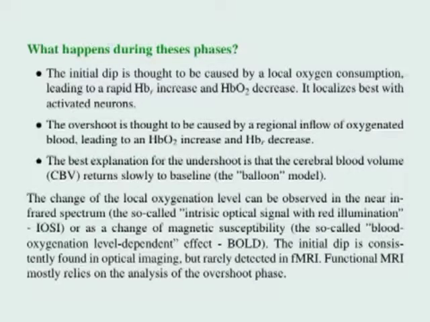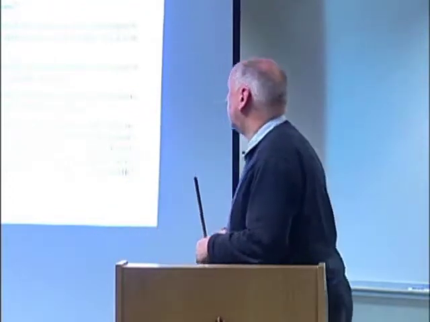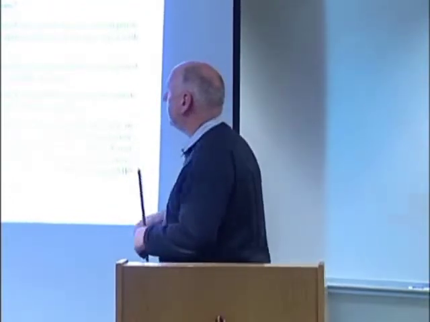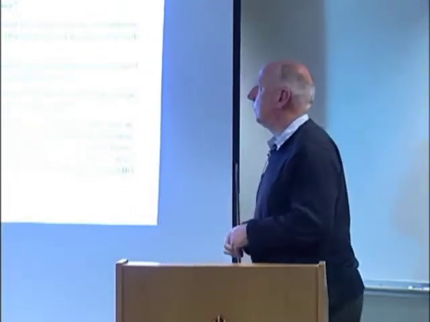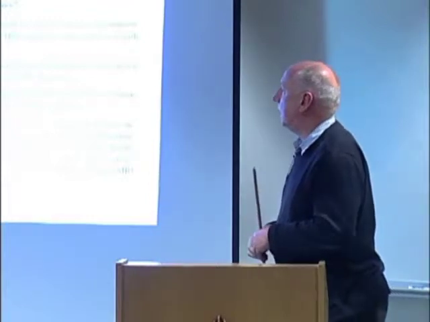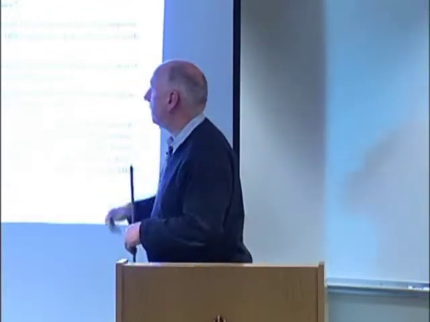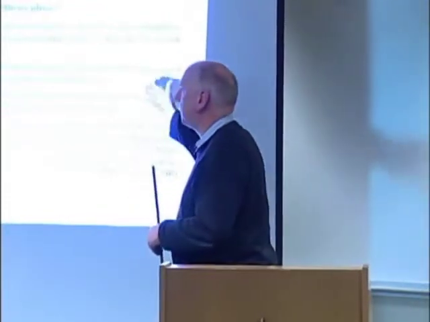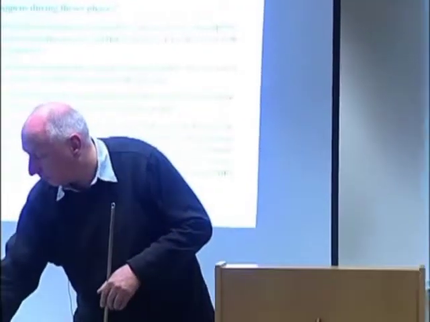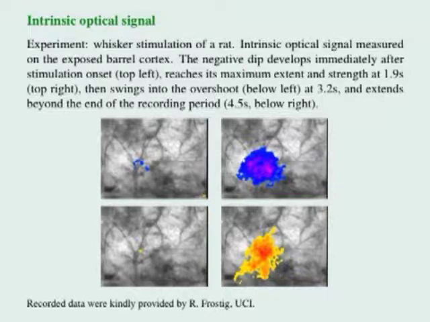While we very easily can observe the initial dip in infrared spectroscopy as the intrinsic optical signal, we don't really see it in MRI. And vice versa, the undershoot phase is not easily detectable in the intrinsic optical signal, while it's very well documented for the fMRI signal.